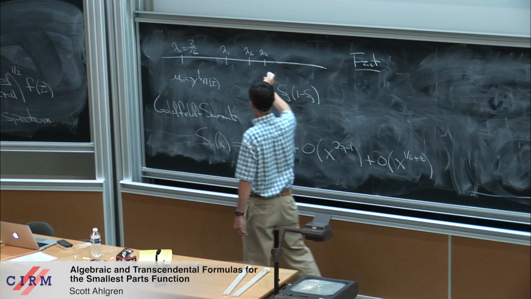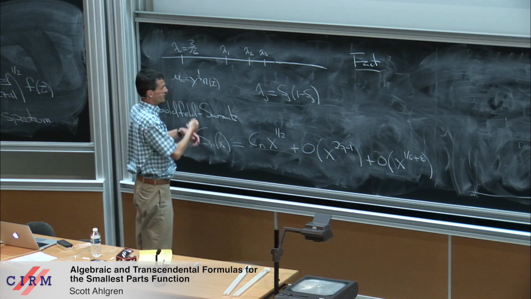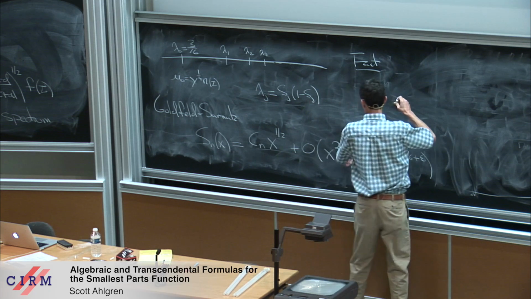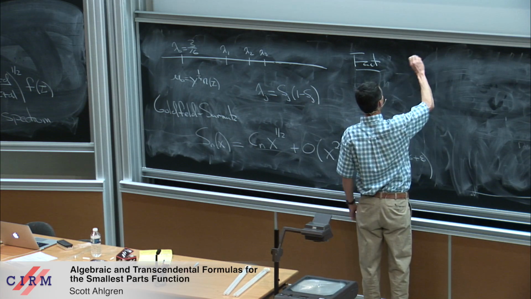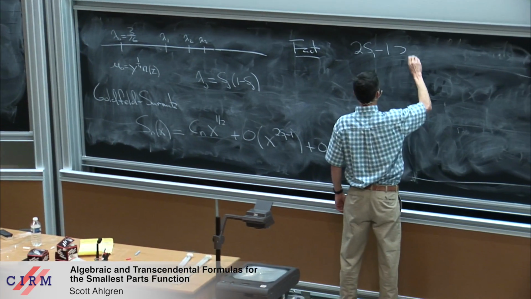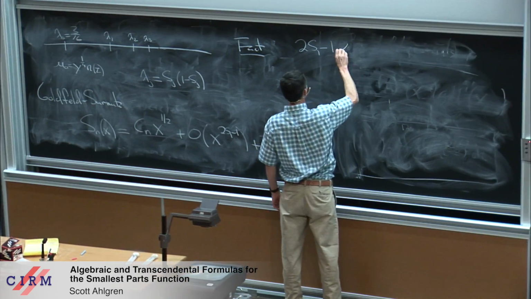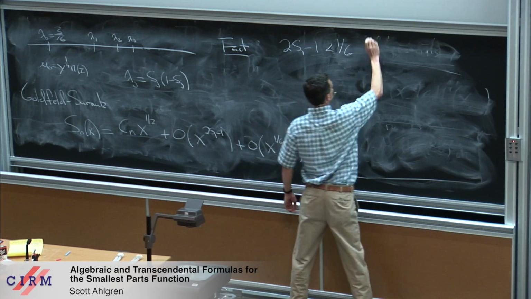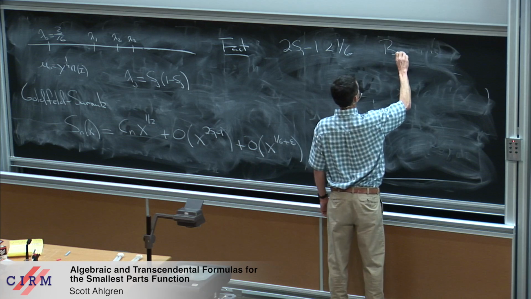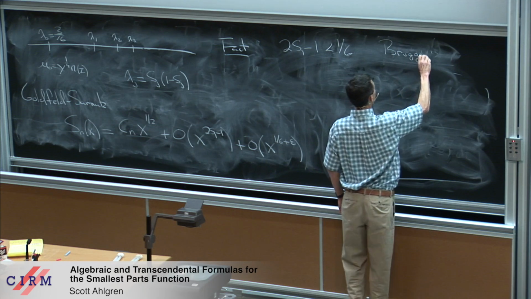So the eigenvalues below a quarter are exceptional. It turns out in this case there are no exceptional eigenvalues, and that's enough to do it. So the fact is that 2s1 minus 1 is less than 1/6.